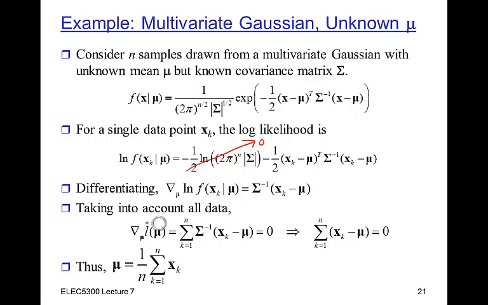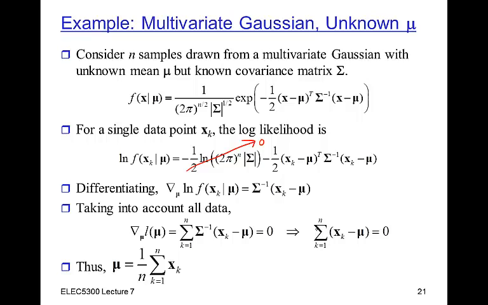So the sum of the log likelihood over all the data points is just the sum of this, and I set the whole thing equal to 0. In order for this to be equal to 0, I can pre-multiply by sigma, because the sigma here is the same for all the data points. Then this whole thing is equal to 0.